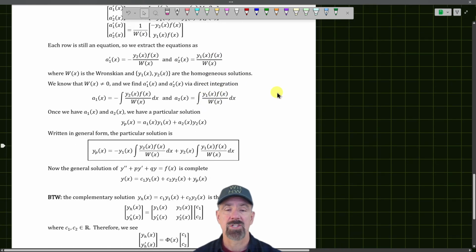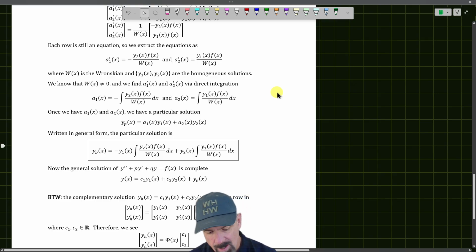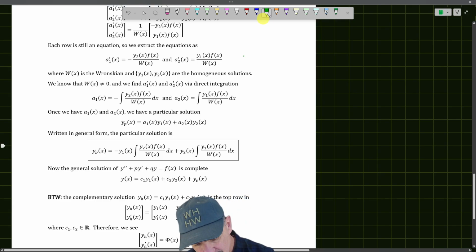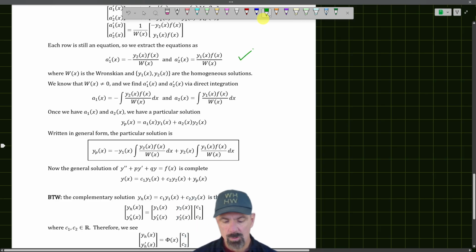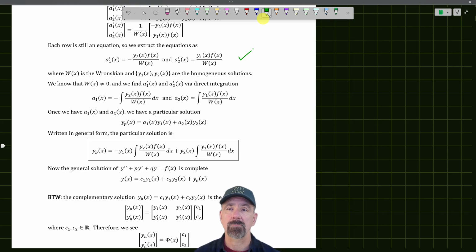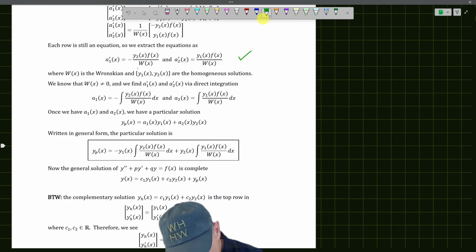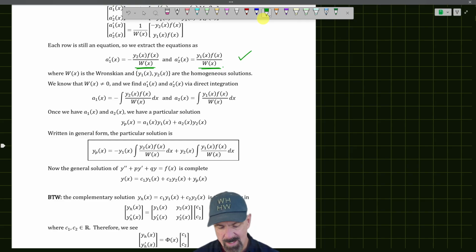So we've solved the system of equations for a1 prime and a2 prime. And now all that's left to do is find a1 and a2, which we do by direct integration. We notice that the right-hand side functions here are functions of x, and so we're just going to integrate with respect to x.